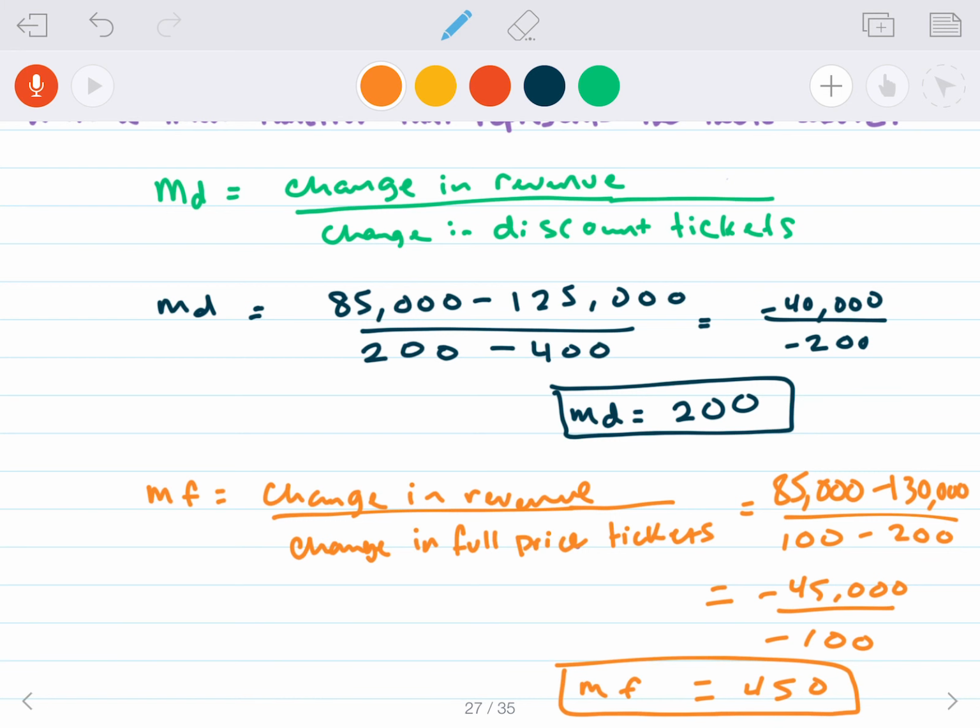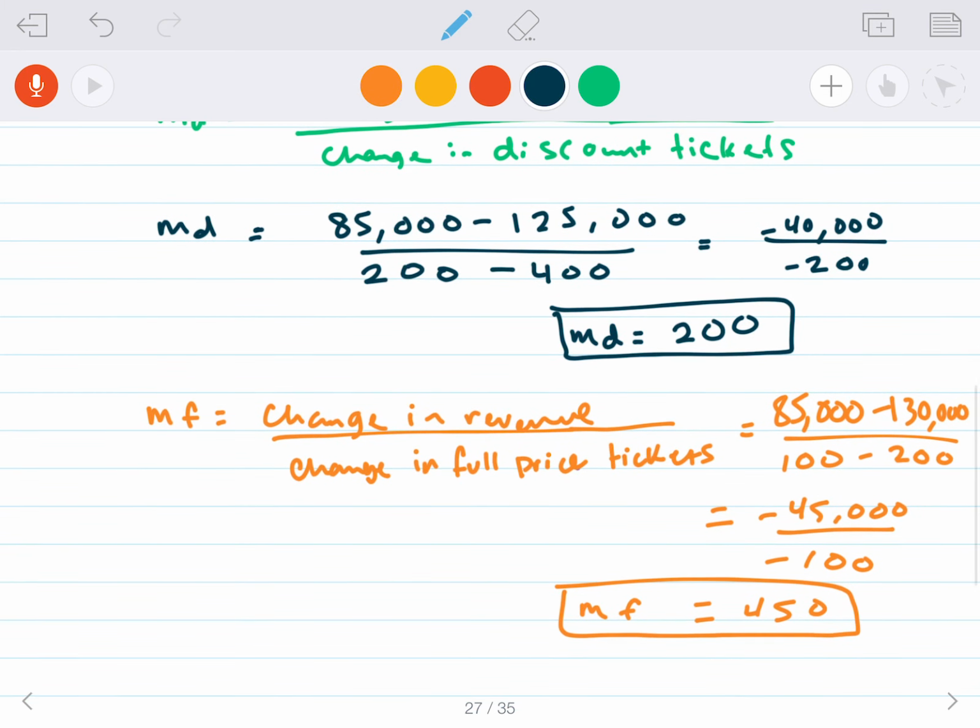All right. Okay, so far what we have is the following. We have our revenue R equals MD, which is 200, and our D comes along with it just like our X would, plus 450F plus C, which we're not sure what C is quite yet.